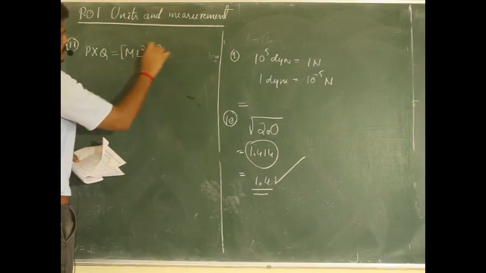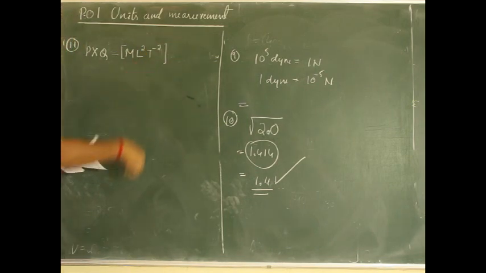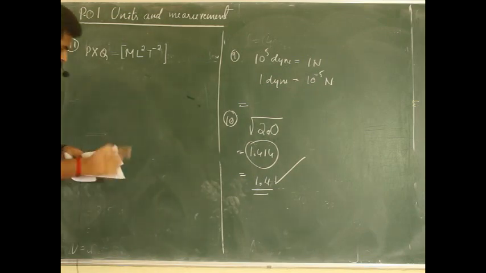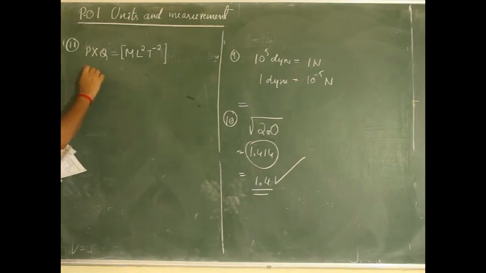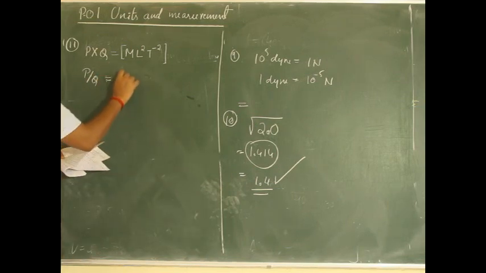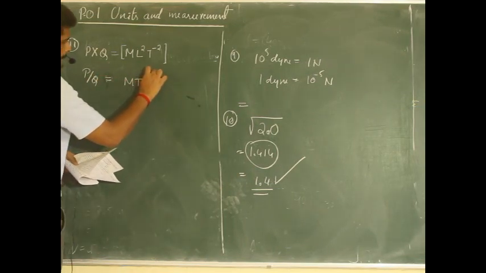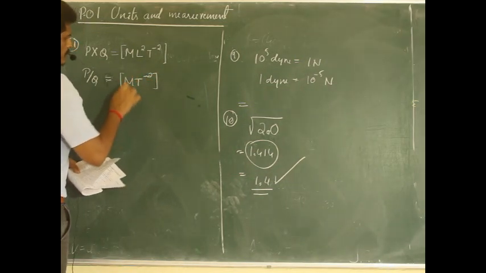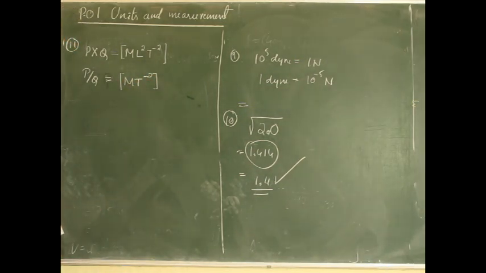Like this it is given in the question. The dimensional formula of P by Q is, okay, how much is that? They have mentioned M T minus 2, like this.